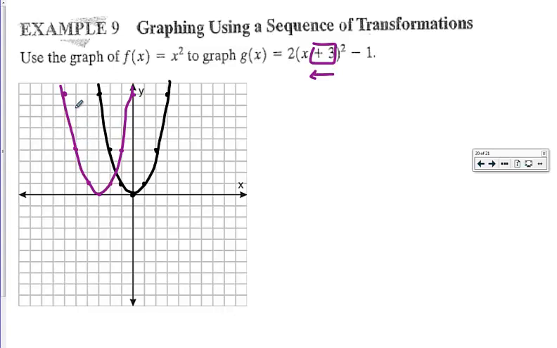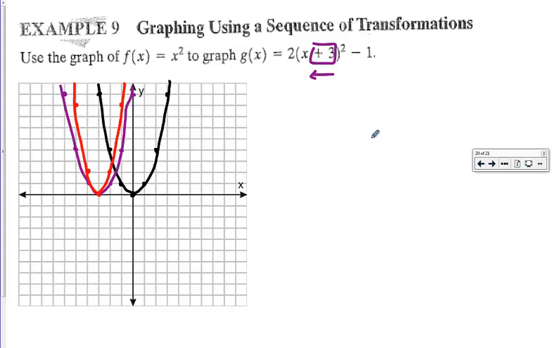Gives me 8 right there. This one is a 1, so times 2 is 2. 0 times 2 is still 0. This one's going to move up here, and this one too. So you can see that I had that vertical stretch by a factor of 2. You can tell it's skinnier than that purple function.